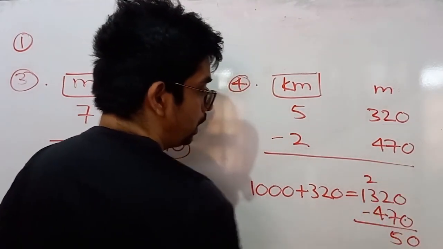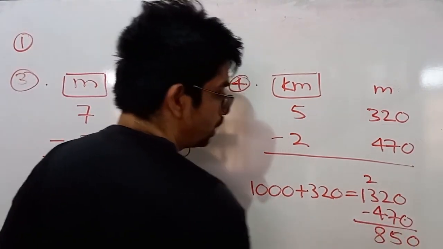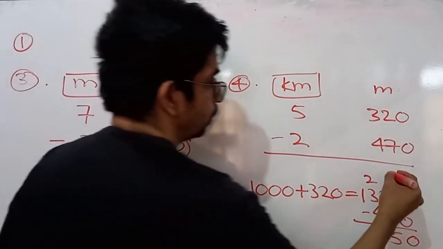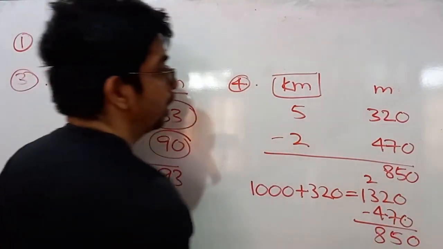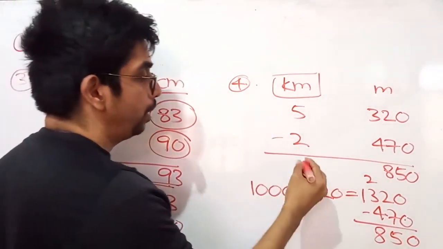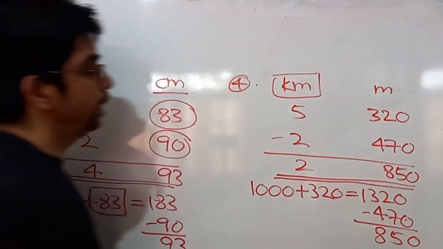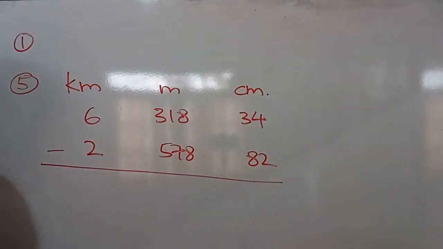So the remaining digit here will be 2. 2 minus 4 we can't do. 12 minus 4 we know that's 8. So this is 850 meters. Now the remaining digit here is 4. 4 minus 2 we know that's a 2. So the answer is 2 kilometers and 850 meters.